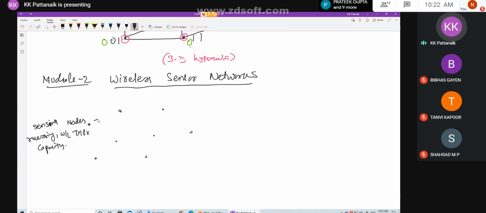In a sensor network, these nodes communicate with each other wirelessly. So these are wireless links.